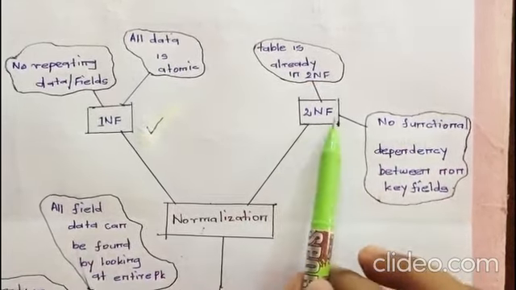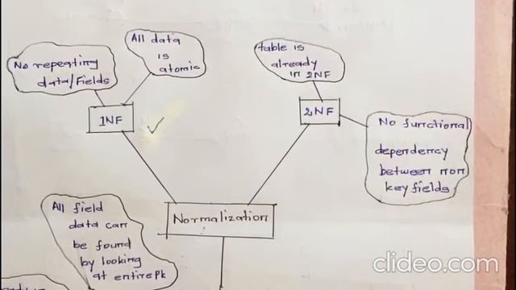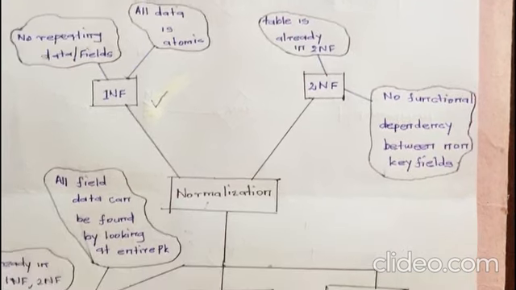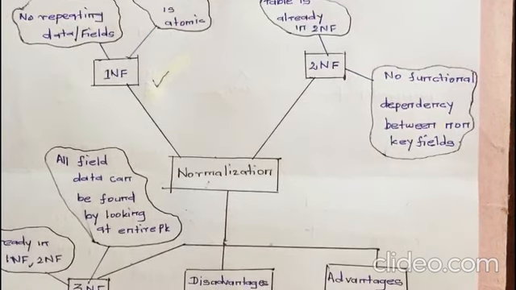Let's move on to the second normalization form. The first rule is the table should already be in first normal form. And the second rule is no functional dependency between non-key fields.